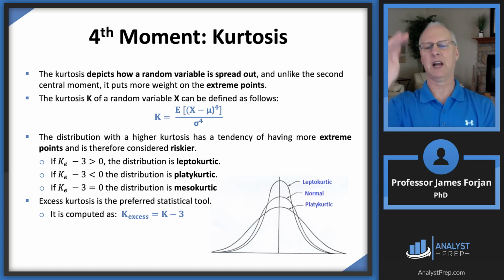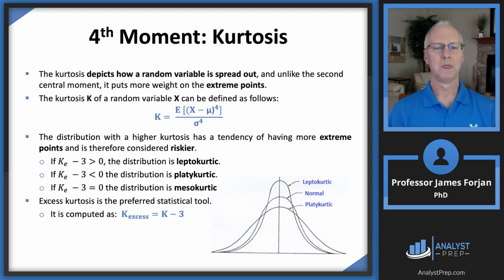So you have the skinnier thing in the middle. If k minus 3 is less than 0, then it's flatter. That's the platykurtic. And then k minus 3 equals 0, then that's the normal distribution. So the reason that we subtract 3 is that k is 3 for a normal distribution.